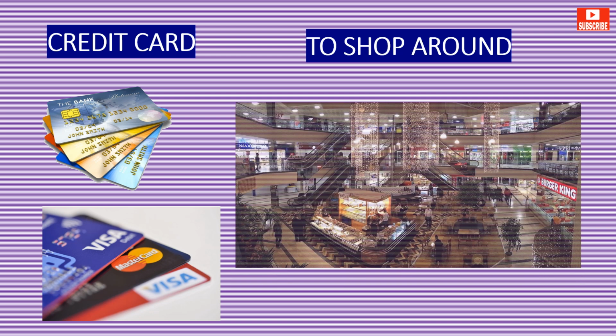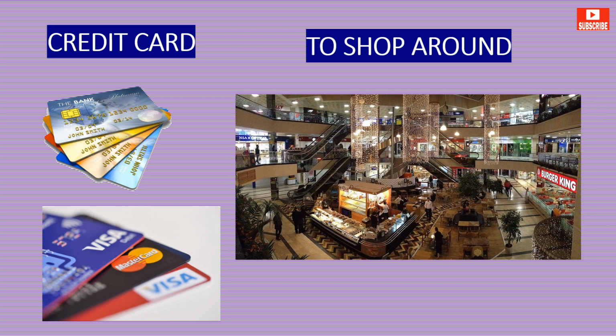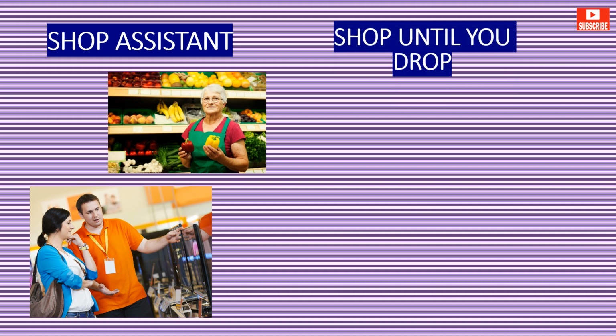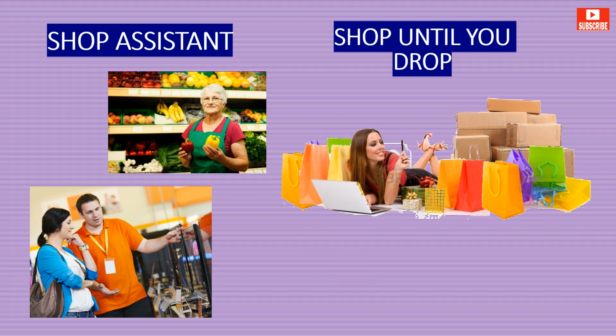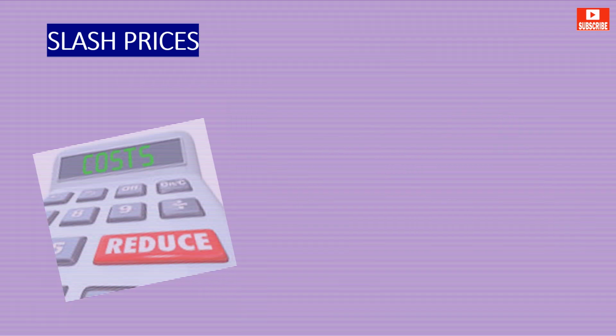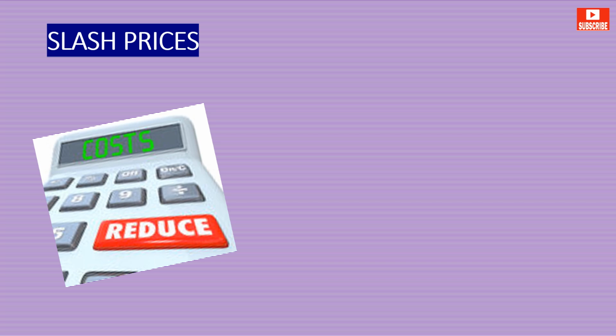To shop around is to try different shops to find the best deal. Shop assistant is the person who serves customers. Shop until you drop is to do a lot of shopping. Slash prices is to reduce prices a great deal.